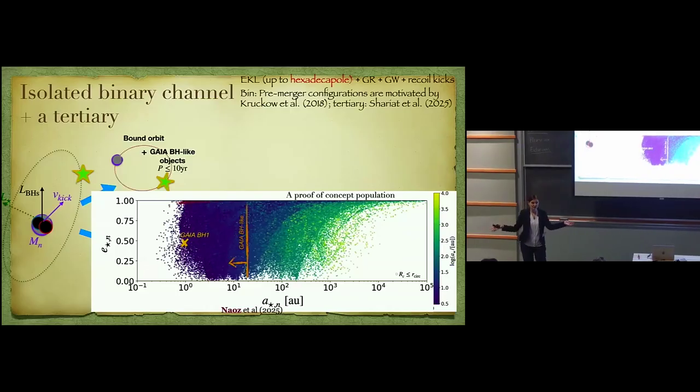So this is what we did. And here I'm showing the bound orbits: the new eccentricity and new semi-major axis after the kick, after everything, just to make sure that we haven't screwed up anything.